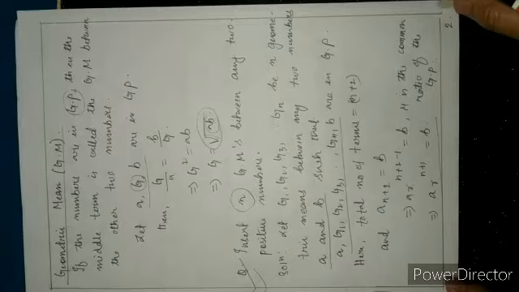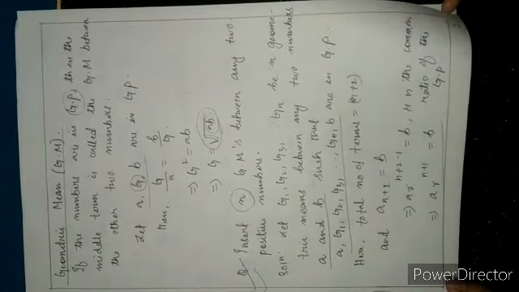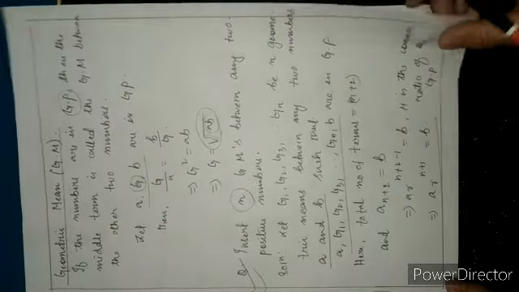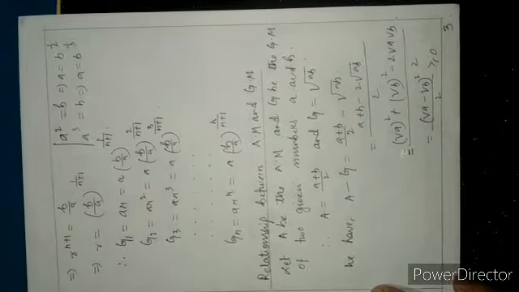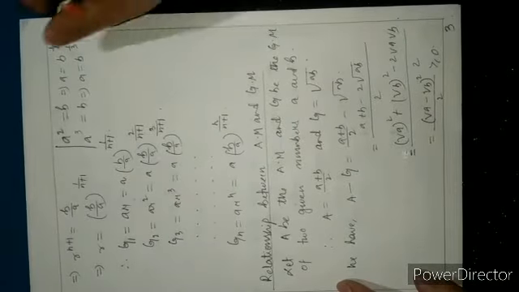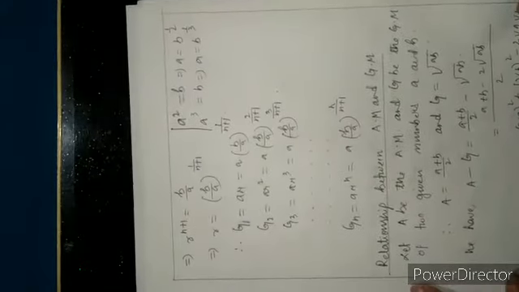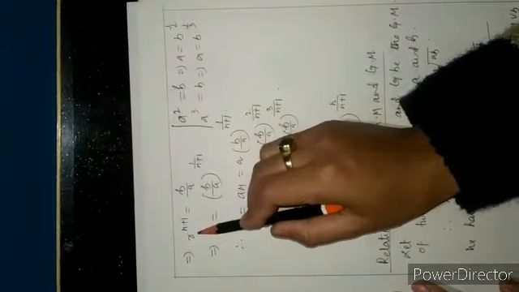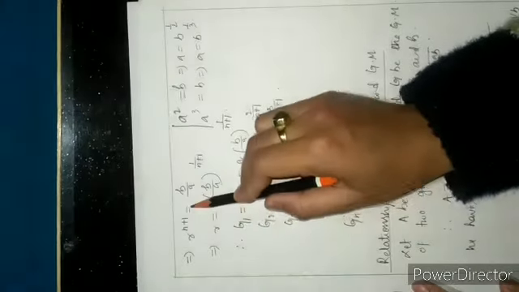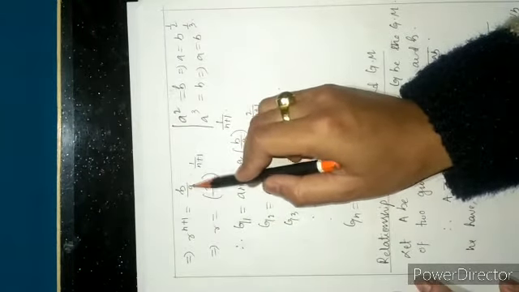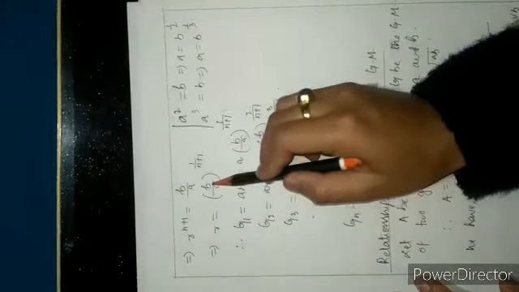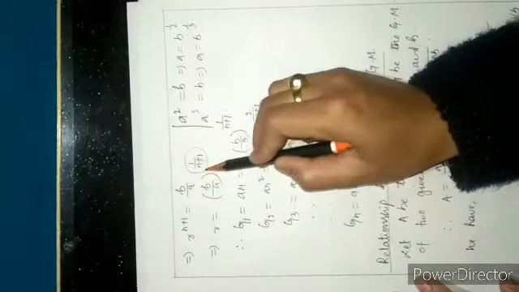Then r to the power n plus 1 is equal to b divided by a. The value of r is equal to b by a to the power 1 by n plus 1.